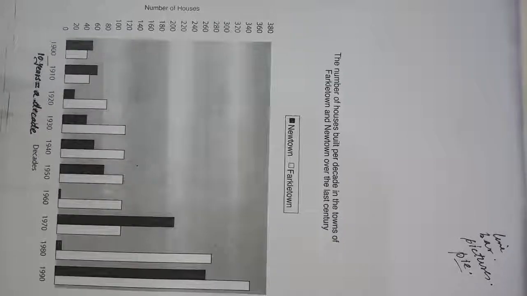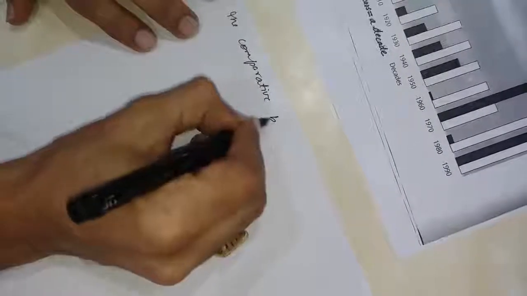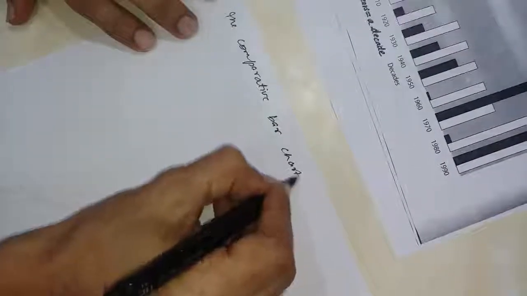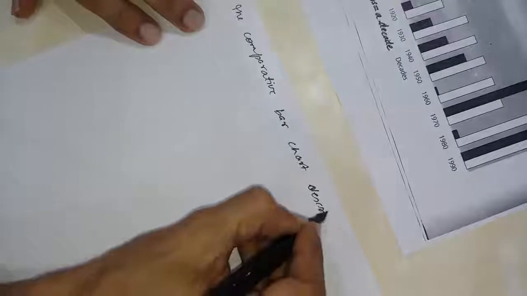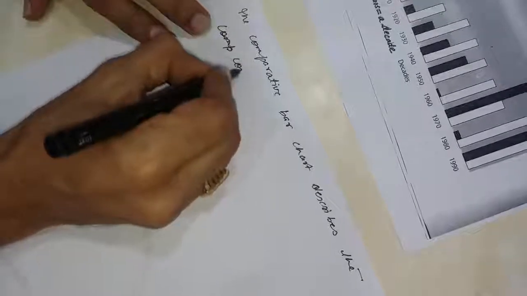It's better to go with a simple introduction. The comparative bar chart describes the construction of houses.